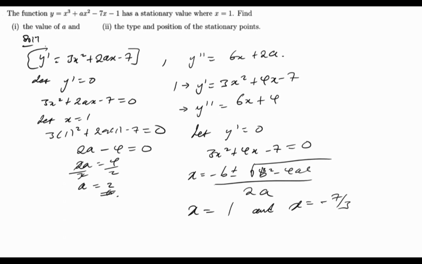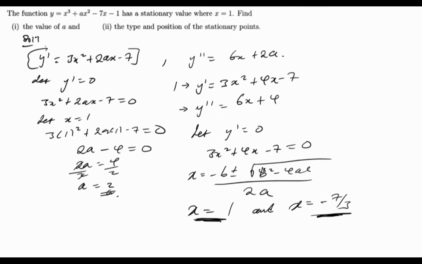So basically, these will be the values of x at the stationary points, which would be the critical points in this case. So we can basically just test the positive coordinate or the negative point to determine the precise nature.